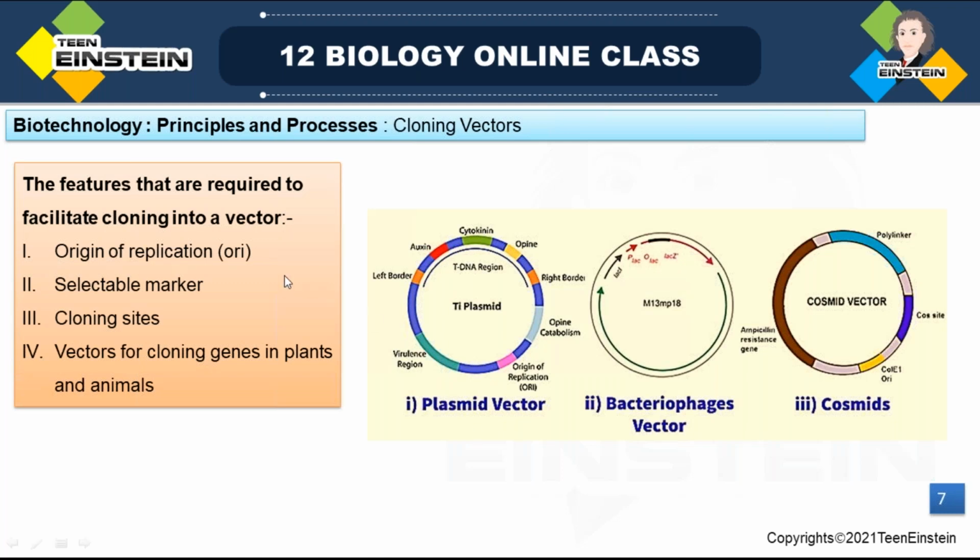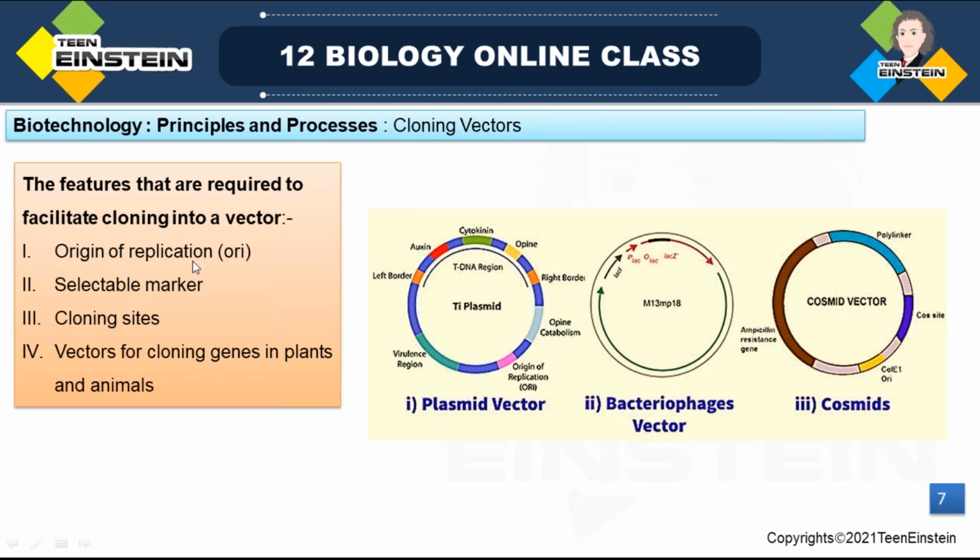First one, origin of replication, then selectable marker, then cloning site, then vectors for cloning genes in plants and animals. So these are the features required to facilitate cloning into a vector.